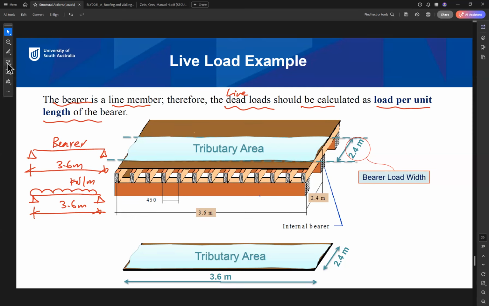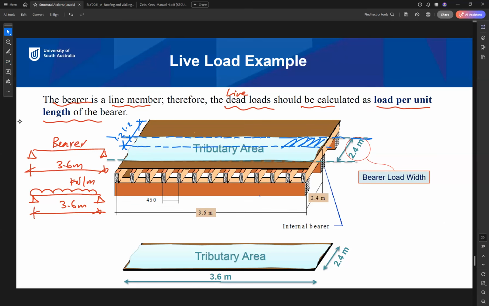So again, each bearer will take a part of the floor. This part will be half if this is the bearer axis. So this distance will be divided into 1.2, 1.2.